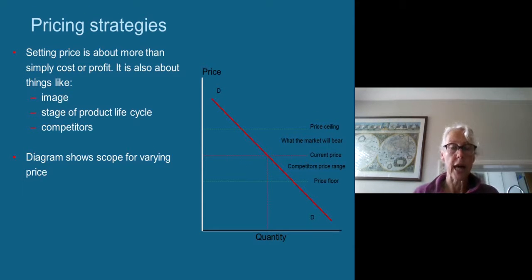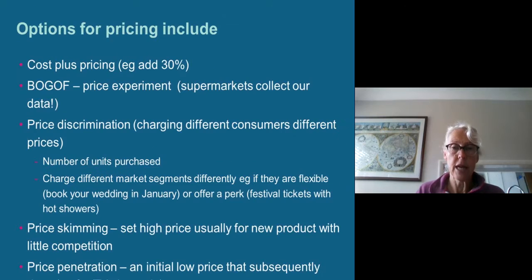On the other hand, there might be certain kinds of events where if it gets too crowded, it becomes unpleasant for people. I'm thinking about some of the exhibitions I've been to, and if they become really hectic, it's quite difficult to get around. Again, you might want to set the prices higher to not attract so many customers. So, it gives you a bit of an idea about varying the price.